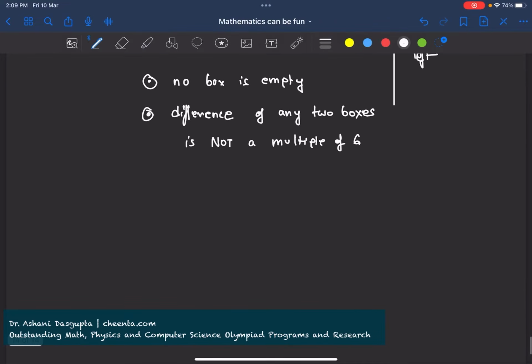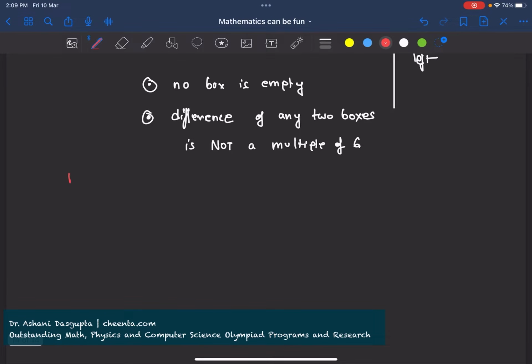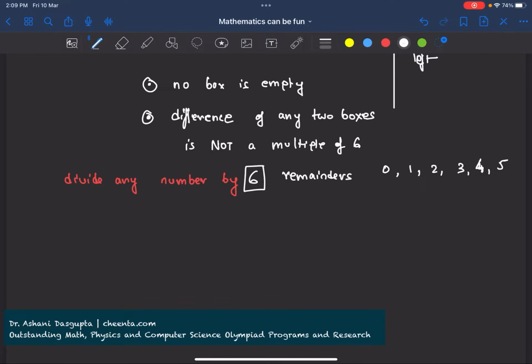So if you take the number 6, if you divide any number by 6, the possible remainders are 0, 1, 2, 3, 4, 5, right? Now listen to this very carefully.